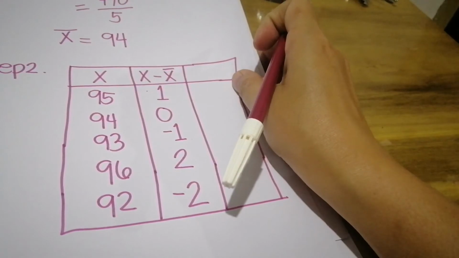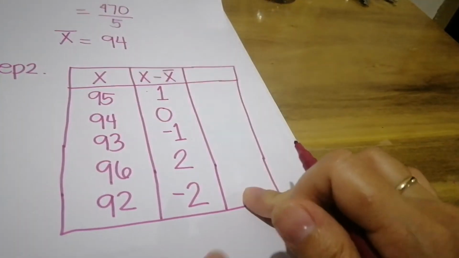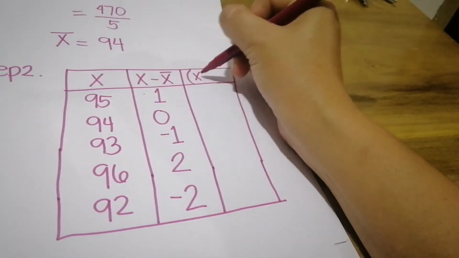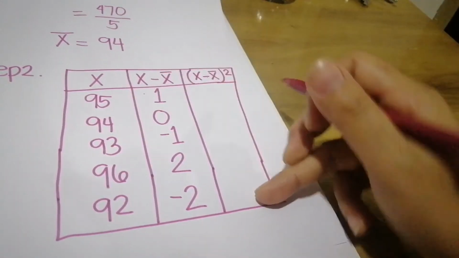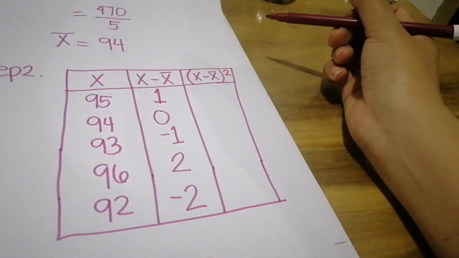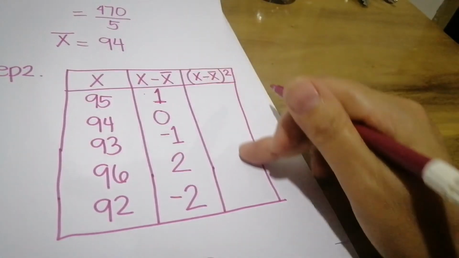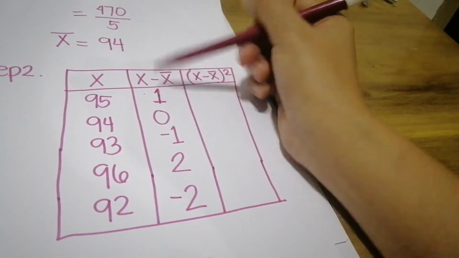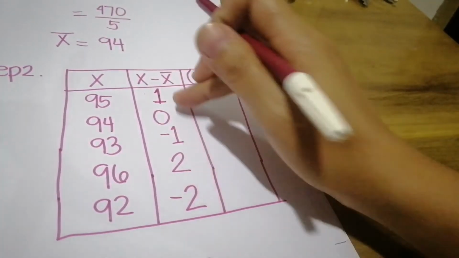This third column is for x minus x bar squared. Notice that x minus x bar is the second column. So, to fill in this column, just multiply by itself, or raise to the power of 2, the numbers in the second column.